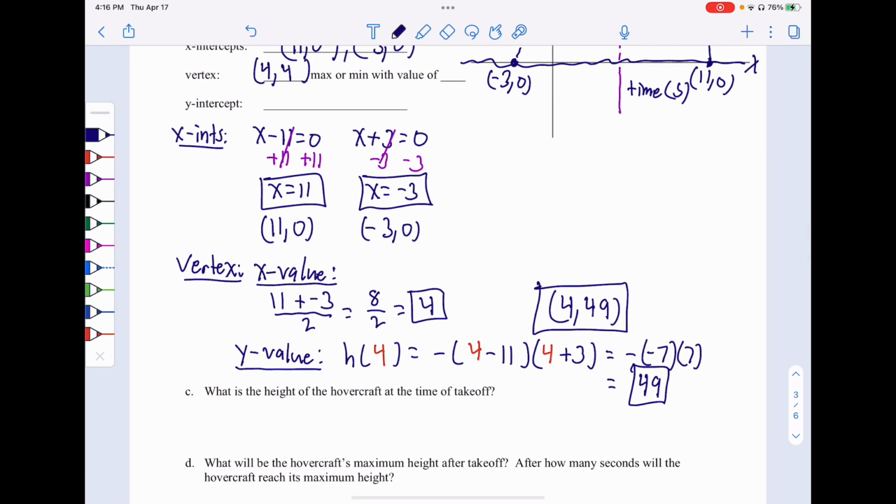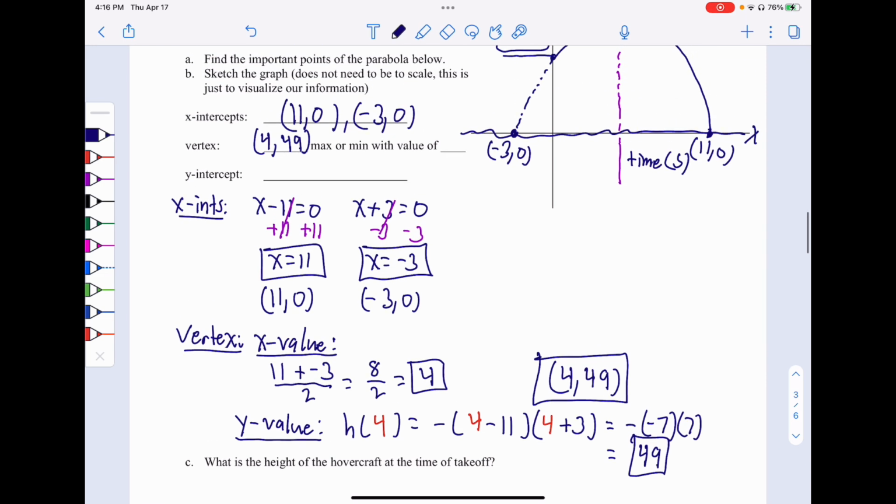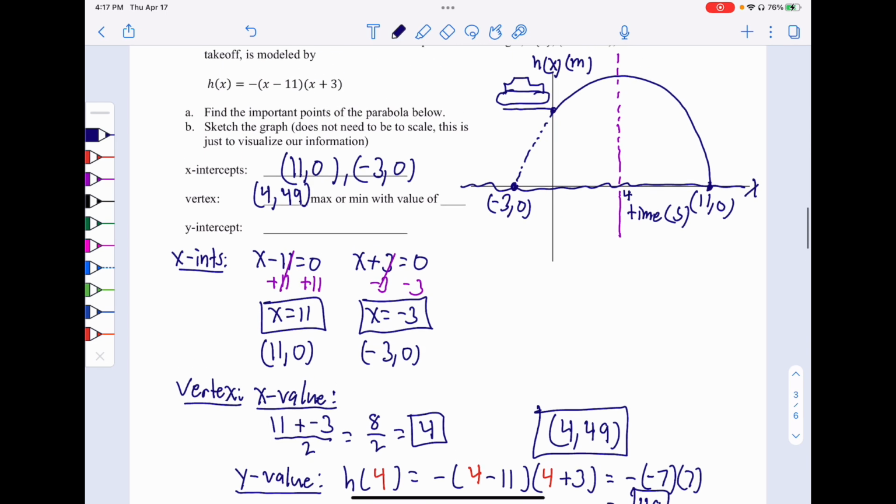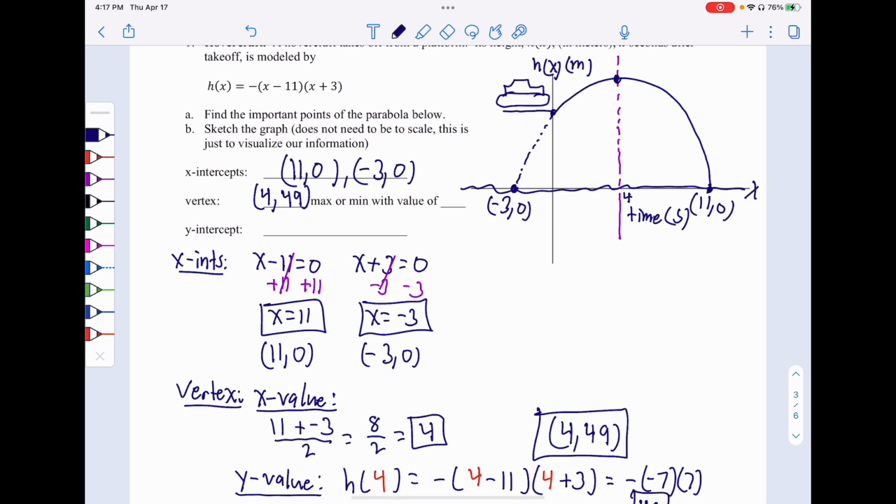There. So we can see our vertex is going to be right in the middle, which is at 4 seconds. And the height is going to go all the way up to 49. So at 4 seconds, it has a height of 49 meters. And that will be our highest or maximum height there.